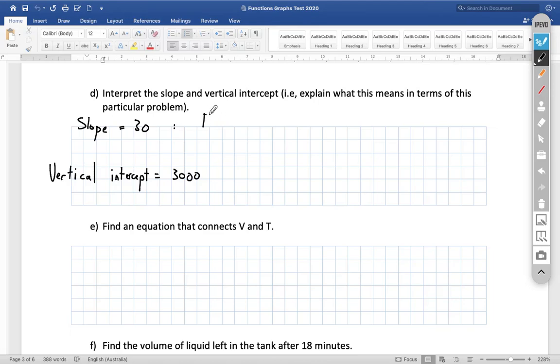It means every minute, something like this, 30 litres is lost from the tank. Or you could say volume decreases by 30 litres from the tank.